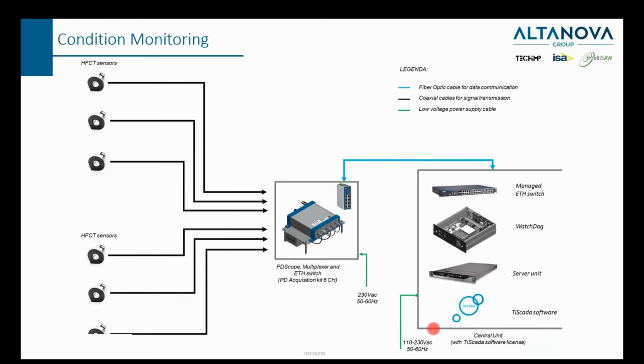And we have our own SCADA system that can be used to store, monitor, and display all the components within the network. If the customer has its own SCADA system, it's fine. We can merge our system with the customer's SCADA system.